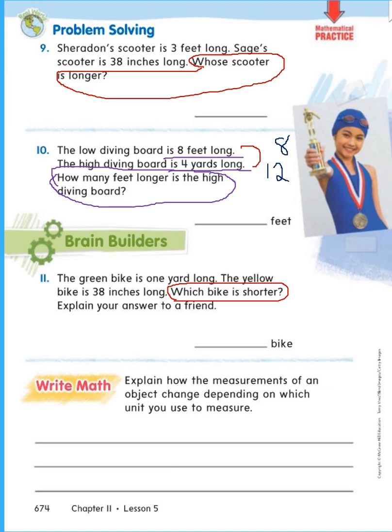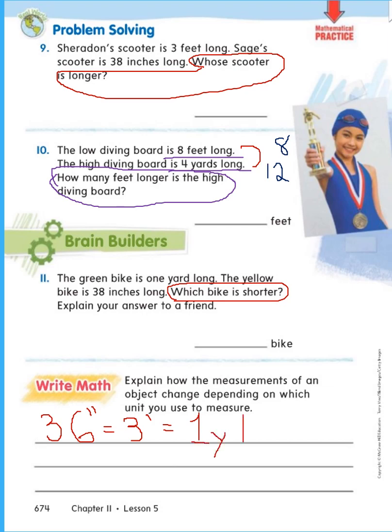And then finally, explain how the measurements of an object change depending on which unit you use to measure. So if we say that 36 inches is the same as 3 feet, I'm going to put the double marks there for inches and the single mark there for feet, which is the same as 1 yard.